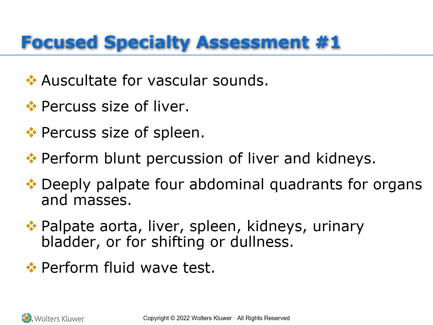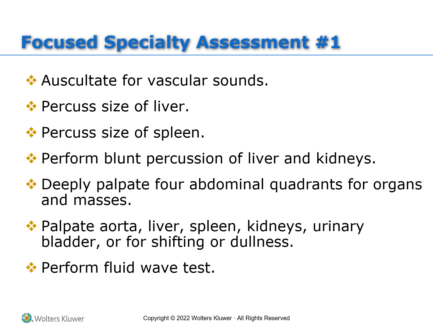You'll do blunt percussion on the liver and the kidneys, okay, and that's looking for tenderness in difficult to palpate structures. You percuss the liver by placing your left hand flat against the lower right of the anterior rib cage. Again, you'll use the ulnar side of your right fist to strike your left hand. Any tenderness can be associated with inflammation, infection, hepatitis, or cholecystitis.